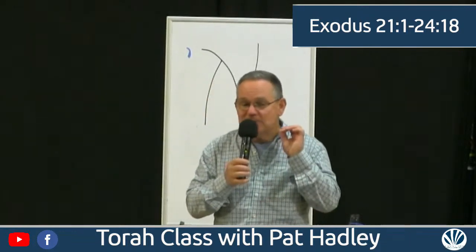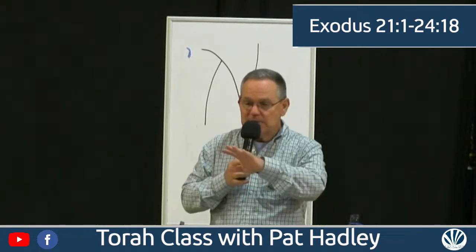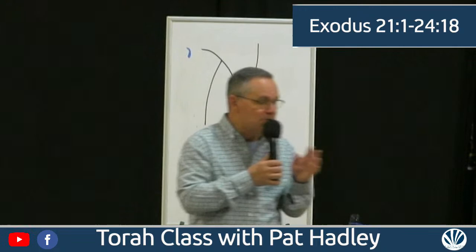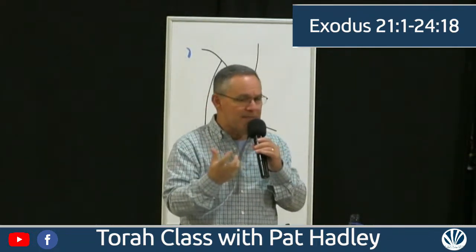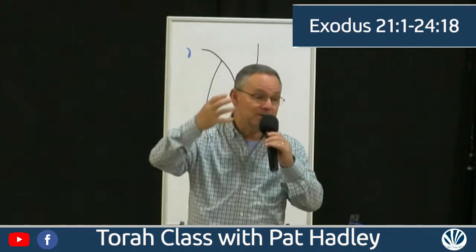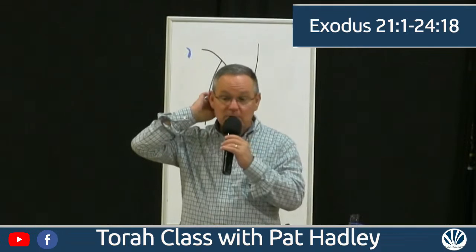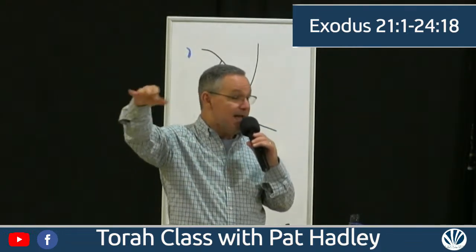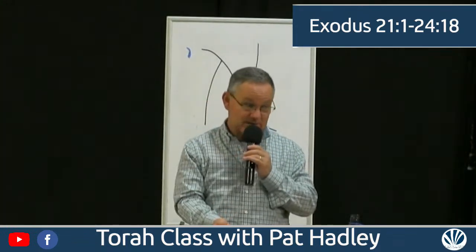But look at how different it is. This is one of the things to realize about Torah. One of the things that makes it unique is it differentiates Israel and their faith, their walk in life, from every other nation in the world. Because all the other nations have some laws, but they don't look like these.